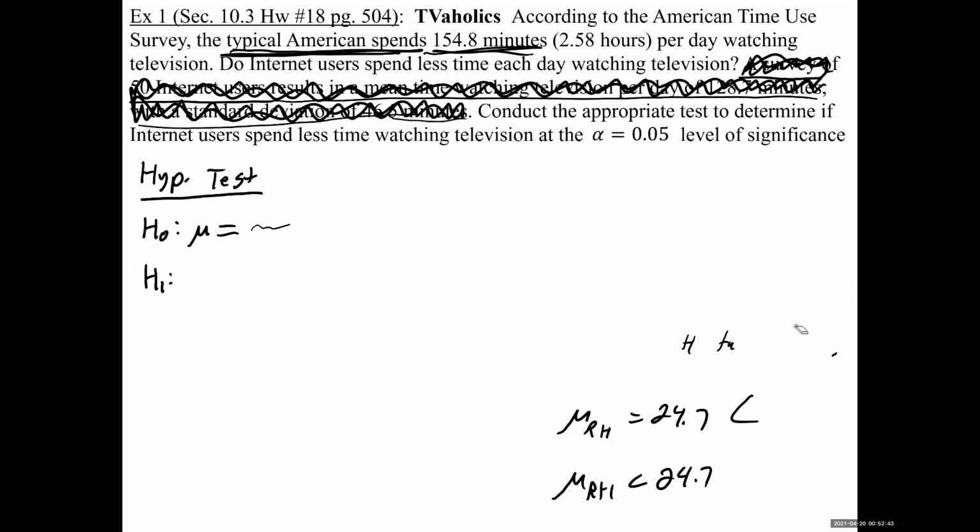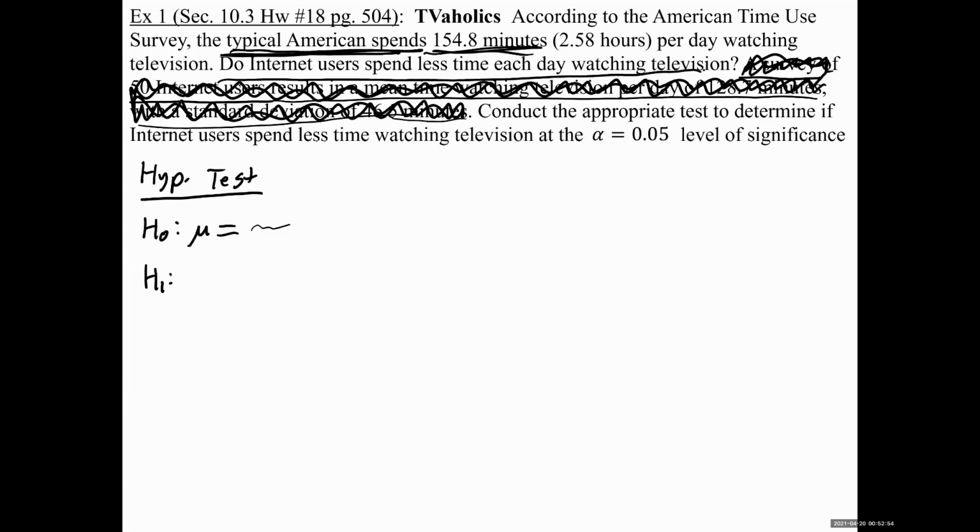But then if you go to the next sentence, do internet users, that's a different group of people, right? There are some internet users that are not American. There are some Americans that are not internet users. It's a different group of people. Do internet users spend less time watching television? So there are two populations.